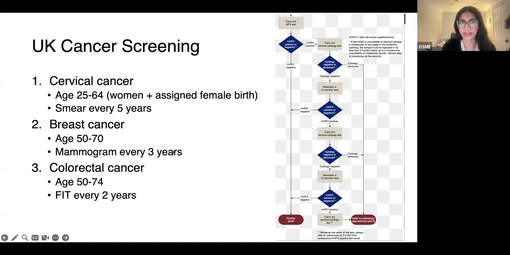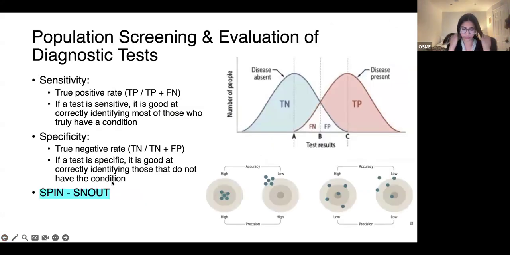I'm going to go back to the slide with the formulae for specificity, etc. And sorry, just in case anyone hasn't joined and wants to join, the code for the room name is OSME.